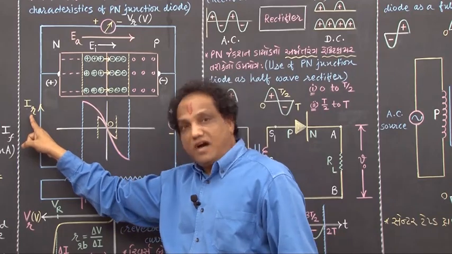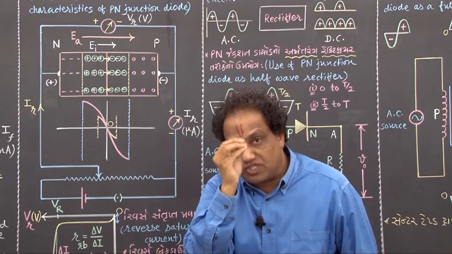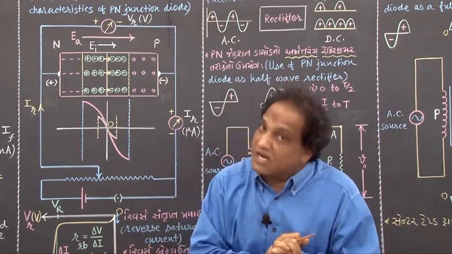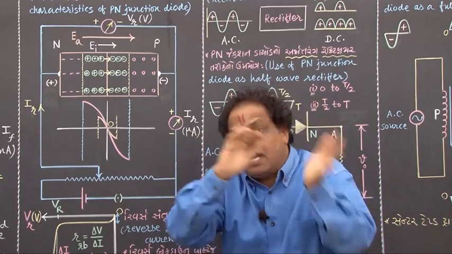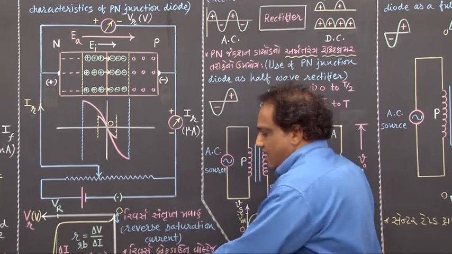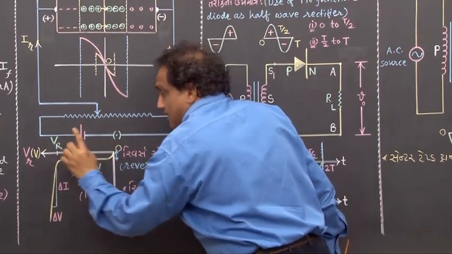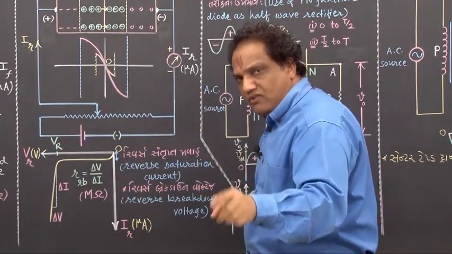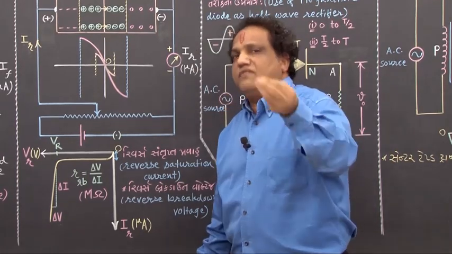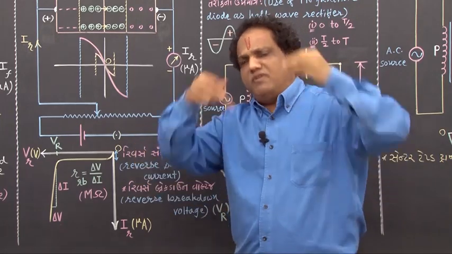If electrons are flowing this way, you can think of reverse current in the opposite direction. I am showing it by the symbol IR. But because room temperature is constant, on average a constant number of bonds are broken, releasing a constant number of free electrons. If a constant number of free electrons take part in the flow of current, naturally the current will be constant. That's why reverse current is constant. And not only that, at room temperature very few covalent bonds are broken, releasing very few electrons, so that current will be very small.